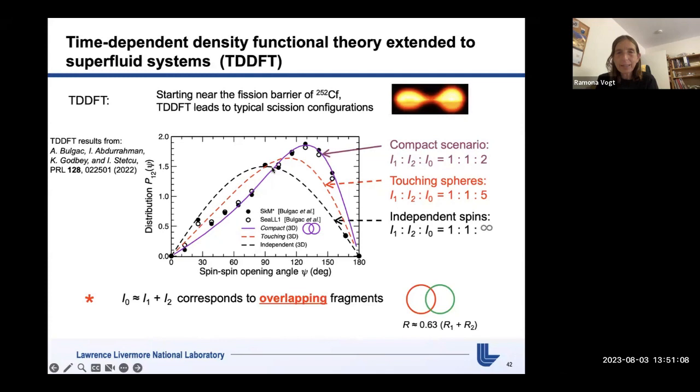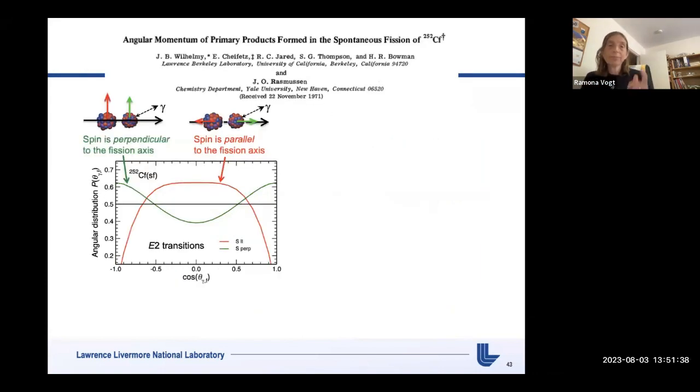What they get here is basically corresponding to overlapping fragments, which doesn't really make any sense, because the fragments are supposed to be separated when they start emitting photons, and the angular momentum is generated. It shouldn't be generated while they're still practically a compound nucleus. On the other hand, what Freya does is assume that there is a fission axis.